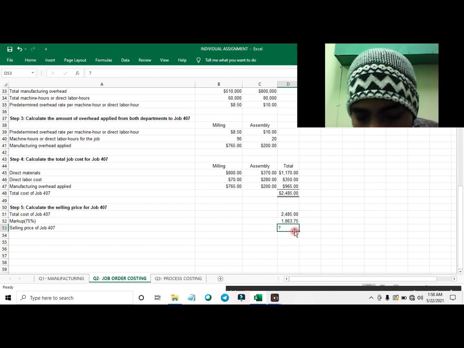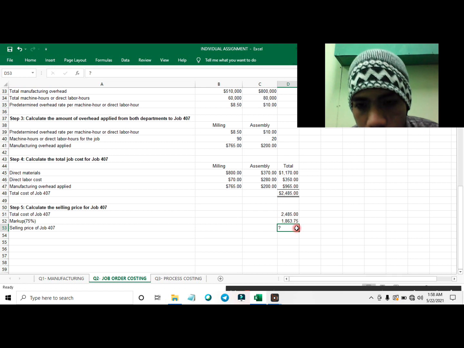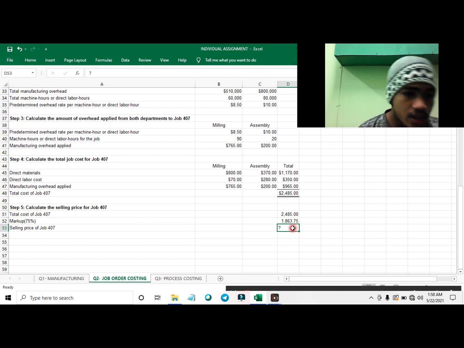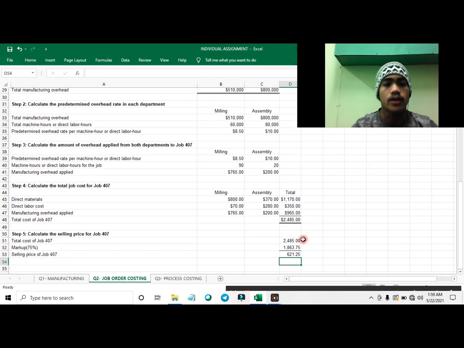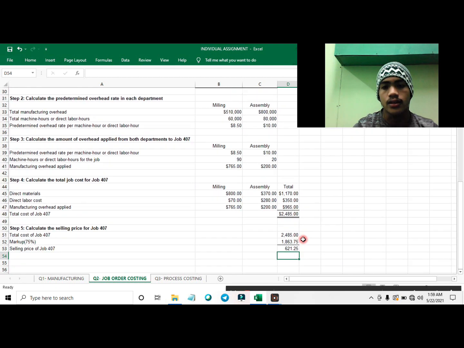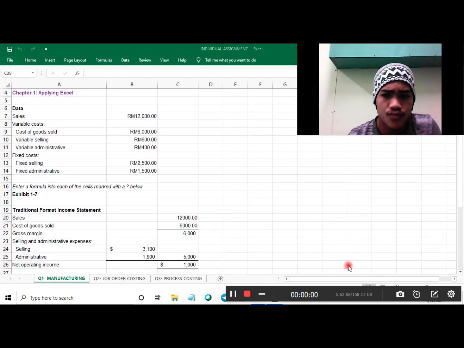So we get 1,863.75 ringgit. For the selling price of job 407, just total cost job 407 minus markup 75%. So we get 621.25 ringgit. That's all for this question.